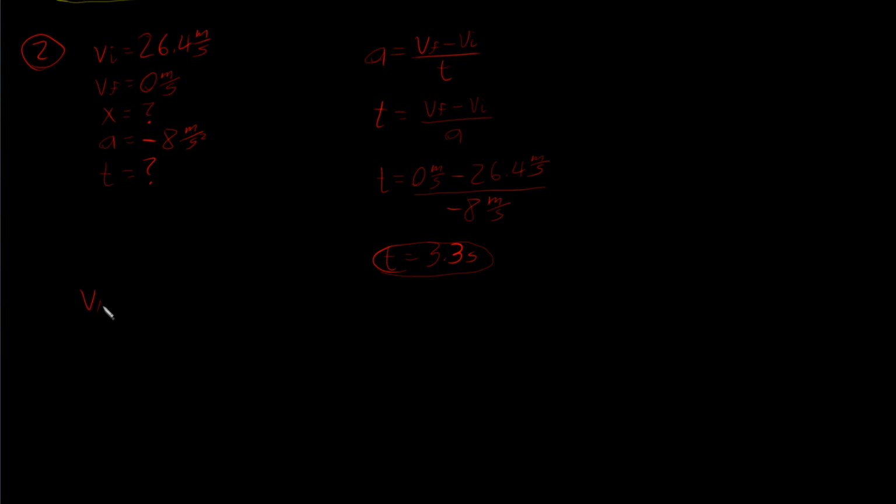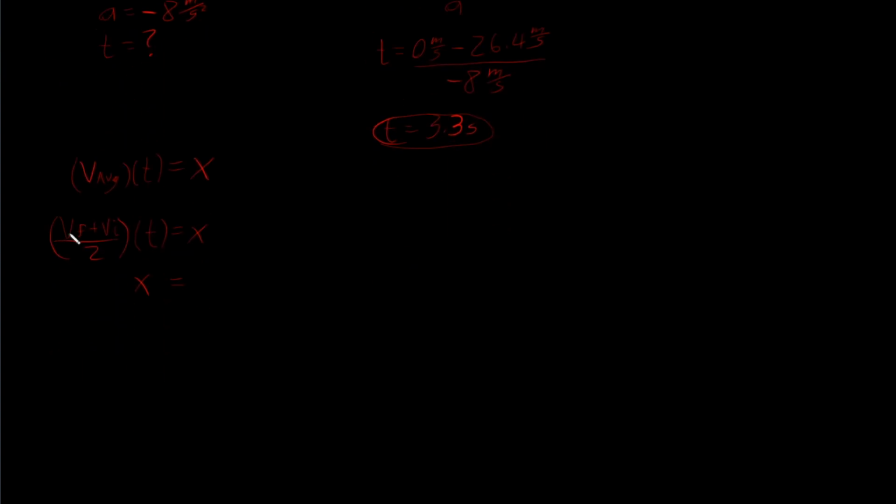So we know that average velocity times time is equal to distance. So let's plug in everything and solve for x. So average velocity is equal to final velocity plus initial velocity divided by 2 times time is equal to x. So in our case, x is equal to, and let's plug in all these values.